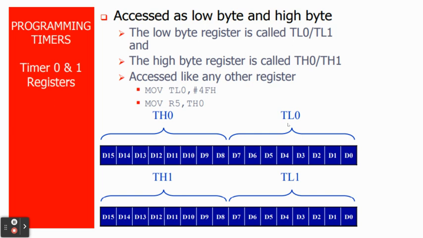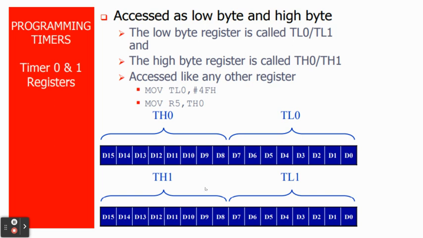We call it TL0: T for timer, L for low byte, and 0 to know that it's timer 0. On the other hand, we have TH0: T for timer, H for high byte, and 0 for timer 0. So from D0 to D15, this is what we call timer 0. But as I have said, timer 0 is divided into two parts: the low byte, which we call TL0, and the high byte, which we call TH0.